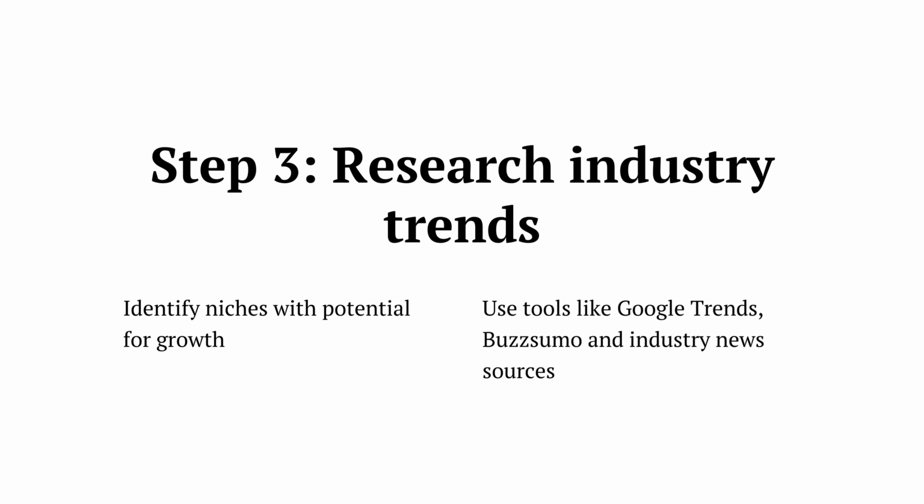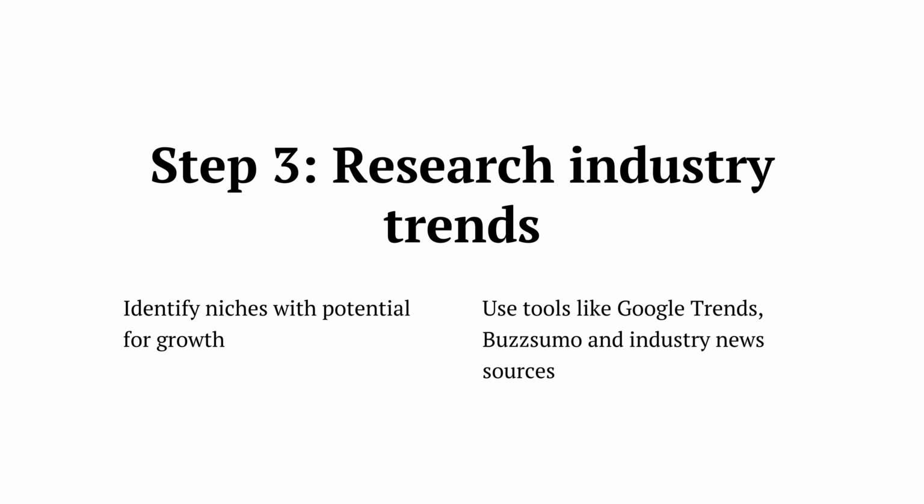You should also read industry news and publications to stay up to date on the latest trends and news in your chosen industry. But that's going a little too overboard, okay? That's not too necessary. If you are a very serious blogger, and you want to make sure that everything is on spot, then you can also take this step.